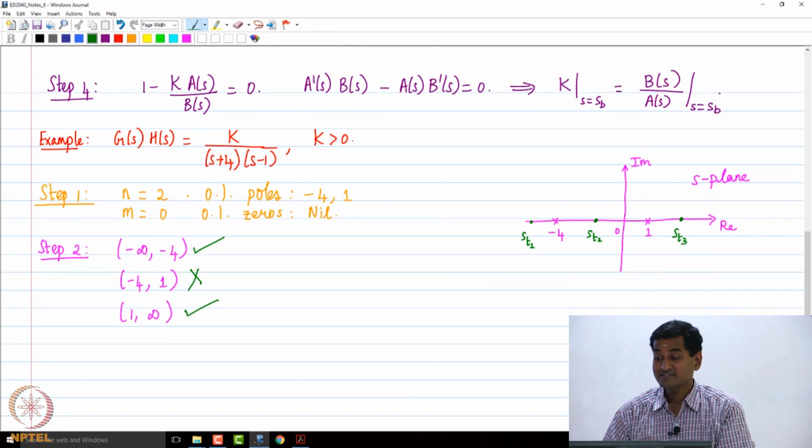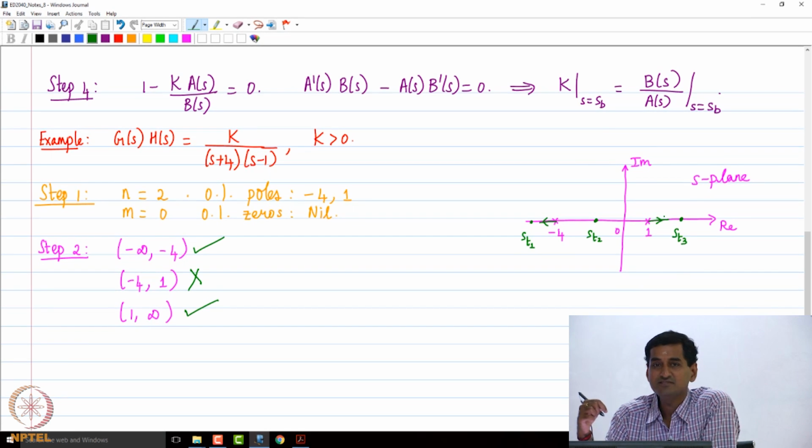So immediately you can see a change in the way the root locus is going to evolve. Consequently, one branch is going to start from -4 in this direction, and the other branch is going to start from +1 in this direction. In the previous instance with negative feedback, the situation was the reverse.